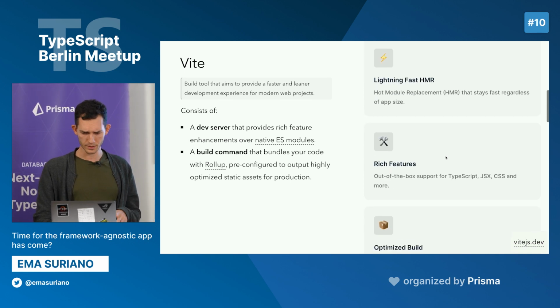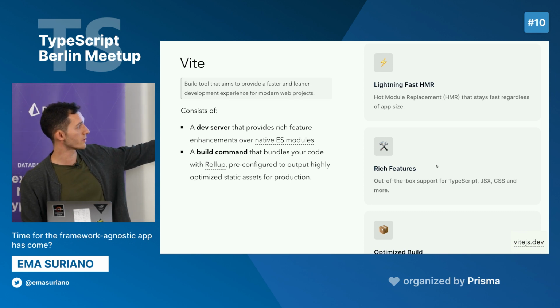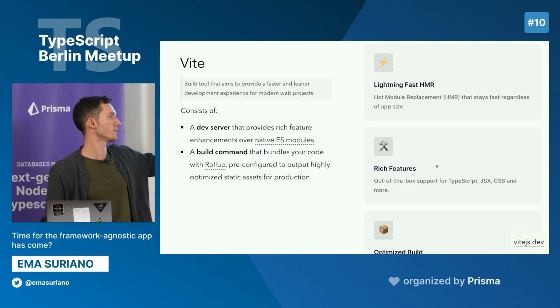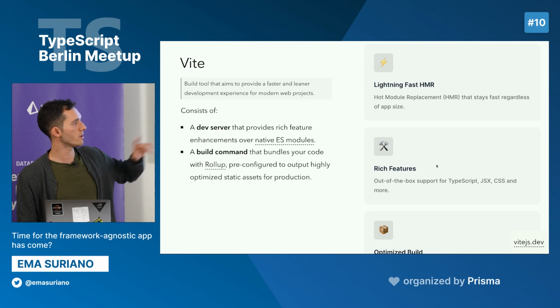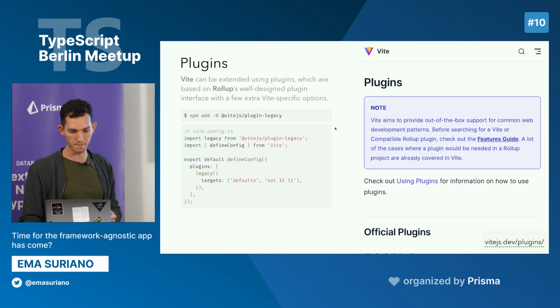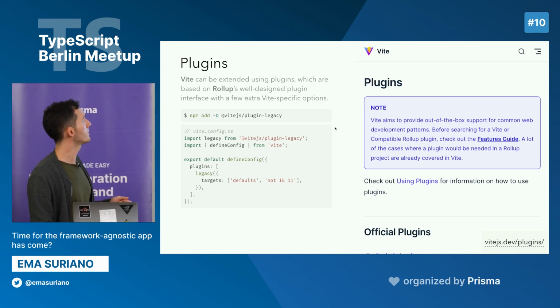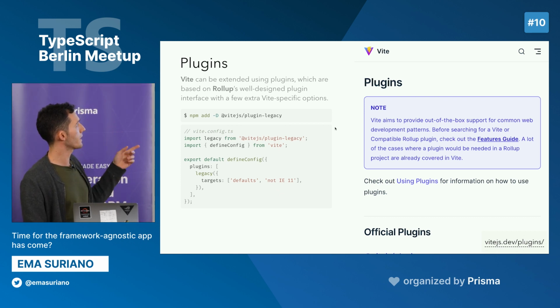And the cool thing, and this is why I'm bringing it to a TypeScript meetup, is that it has out-of-the-box support for TypeScript, JS for sure, but also PostCSS, JSX and everything. So that's pretty nice. The main thing that I personally love about Vite is that it comes with plugins.